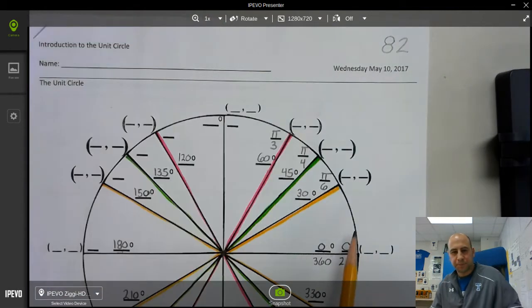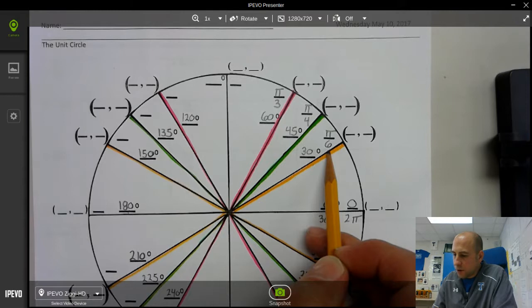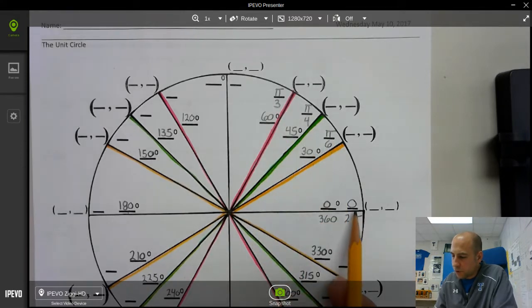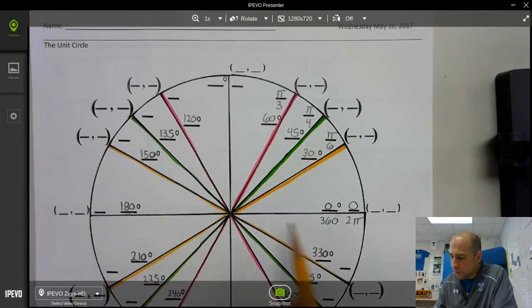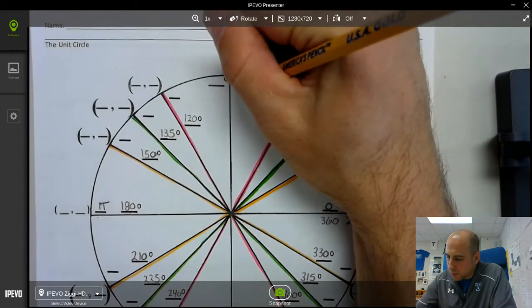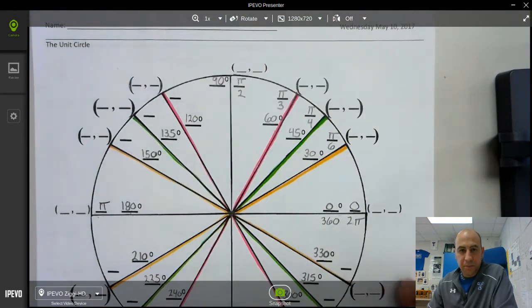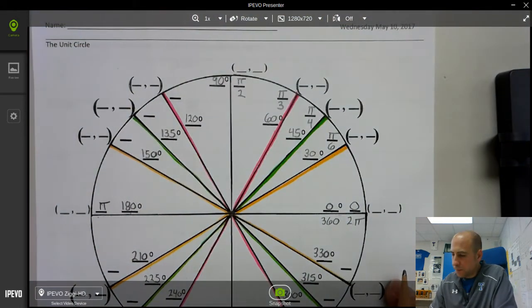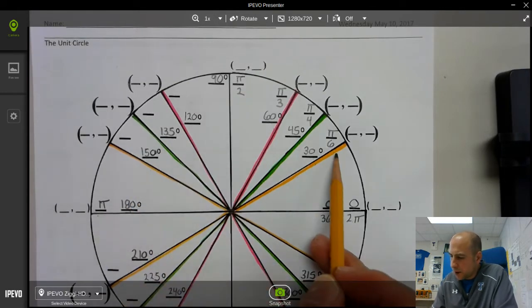Okay, all right, now going around the circle, again, thinking of the reference angle, here our reference is, we go from 0, we know from here, this is half, well, half of 2 pi is pi, and then half of pi is pi divided by 2. And I almost forgot that this is 90 degrees. Okay. Now, referencing here, well, this is pi divided by 6.